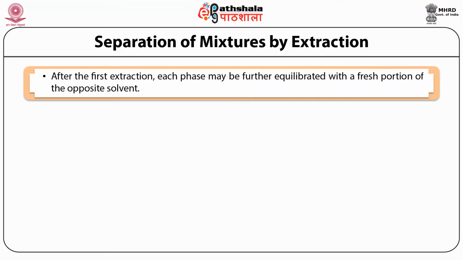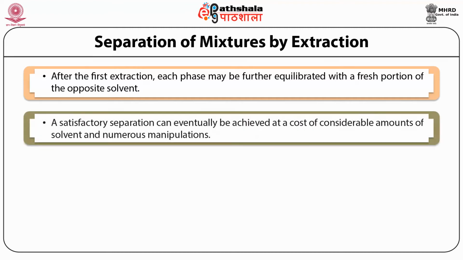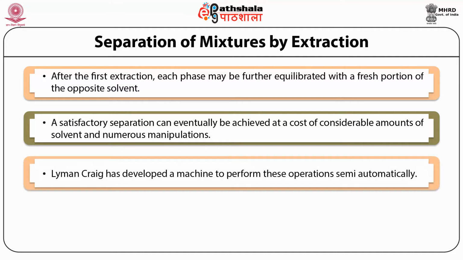After the first extraction, each phase may be further equilibrated with a fresh portion of the opposite solvent by a systematic recycling of the various intermediate fractions. Satisfactory separation can eventually be achieved at a cost of considerable amounts of solvent and numerous manipulations. Lyman and Craig have developed a machine to perform these operations semi-automatically.